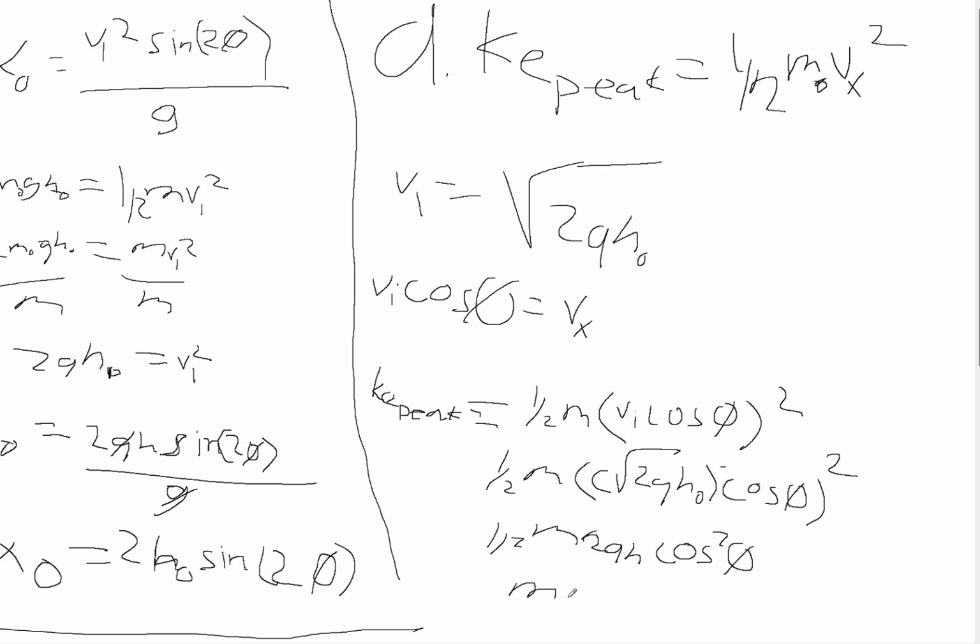So then we're left with m g h cosine squared theta as the kinetic energy at the peak. So mgh cosine squared theta is KE at the peak.